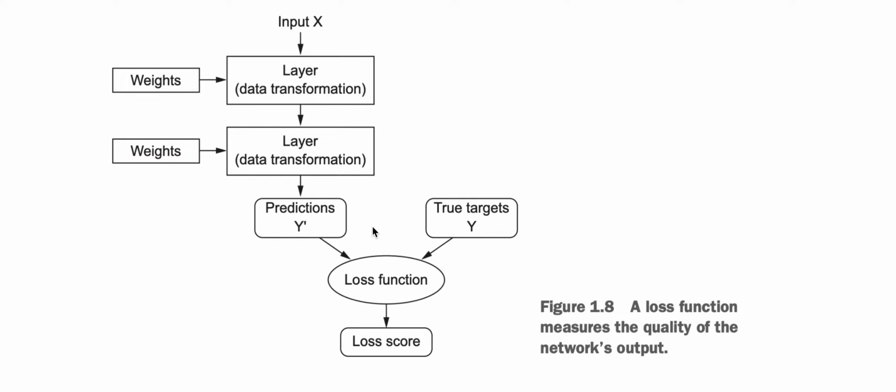So the score here is used as a feedback signal to adjust the values of the weights just a little bit in a way that will lower the loss. So in a way that will lead to the prediction being closer to the true target.